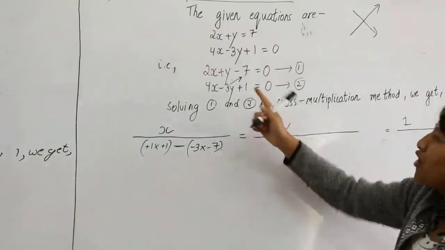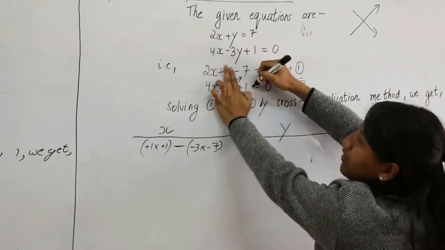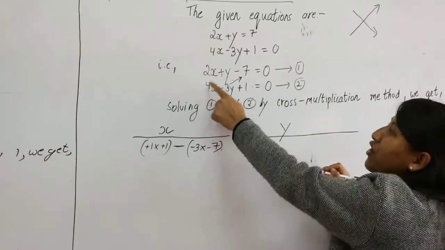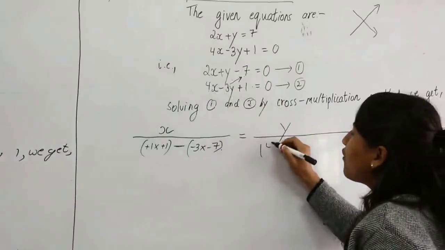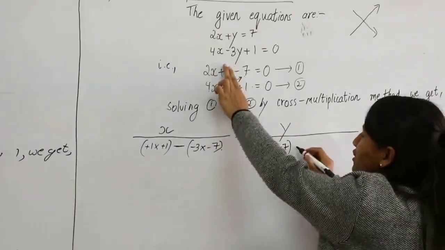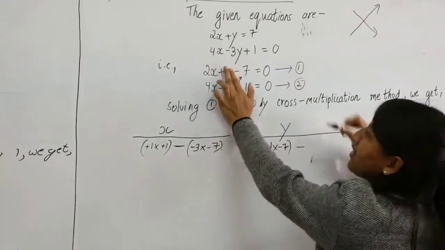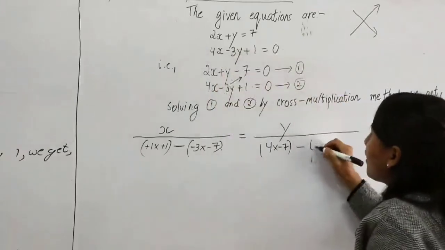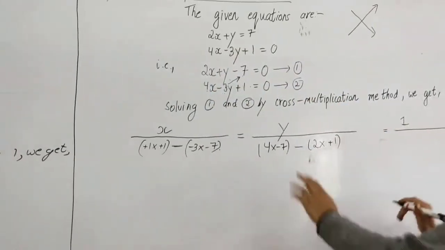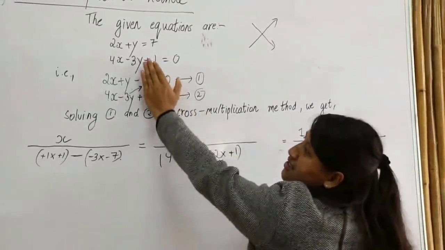But for this middle one, don't go 2 into plus 1. Instead, you have to go first by this one. Okay, 4 into minus 7. Then always remember the middle always minus. Then 2 into plus 1. The last one, 1 means it represents the constants.